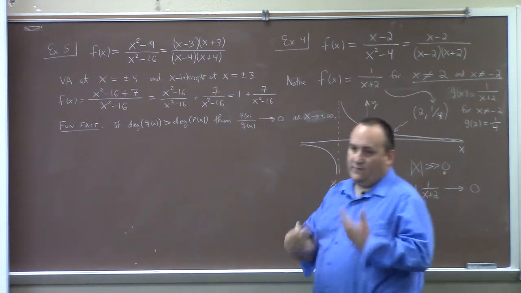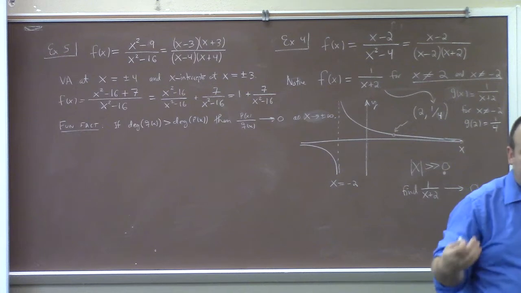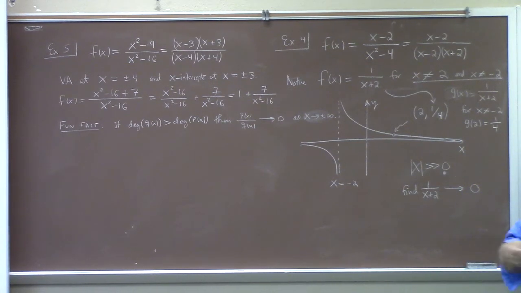What I'm trying to say is if you have a rational function where the denominator has a larger degree than the numerator, eventually it will take over and dominate the expression and force it to go to 0. So like 7 over x squared minus 16. For x really, really large, that is stupidly small. It's essentially irrelevant, whatever precision you want. If you put in 1,000, that thing is like a millionth. If you put in a million, that's like 1 over 10 to the 12th or something. So 7 over x squared minus 16 is very, very small for large x.